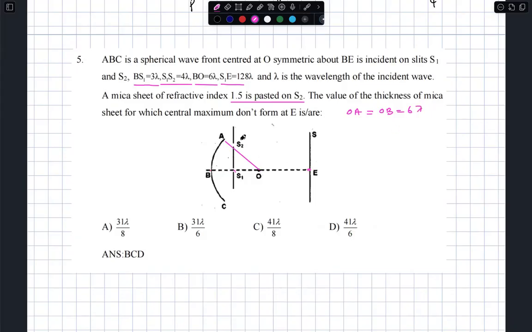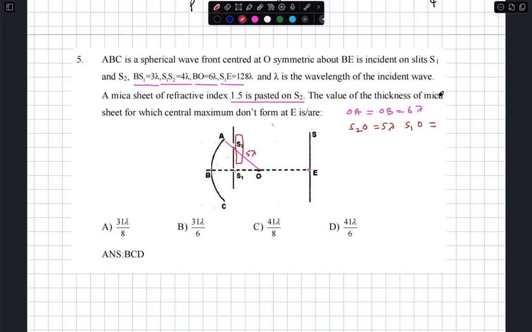Right. Now you are covering this portion with some mica sheet. And one more important point, S2O is 5 lambda actually. S1O is 3 lambda.